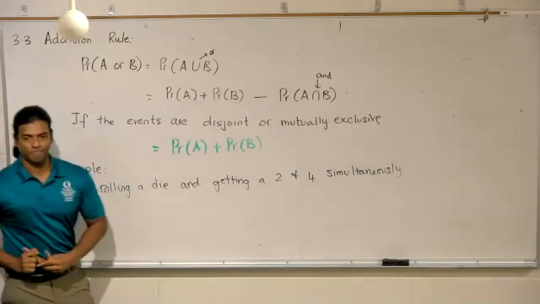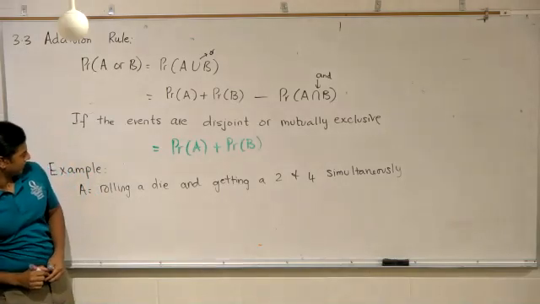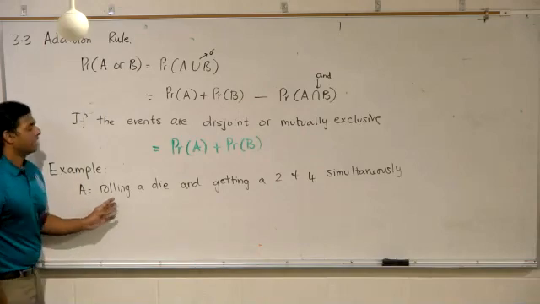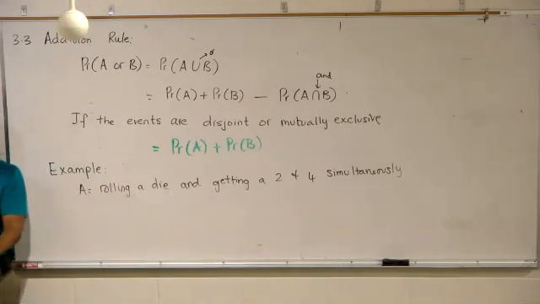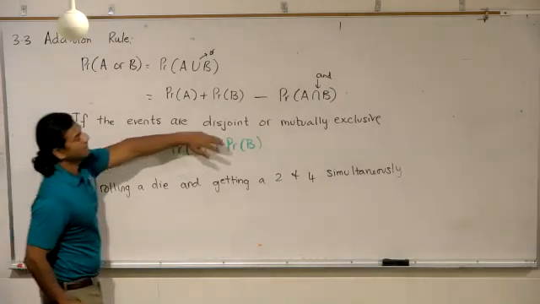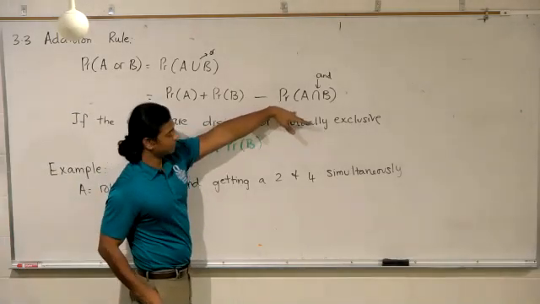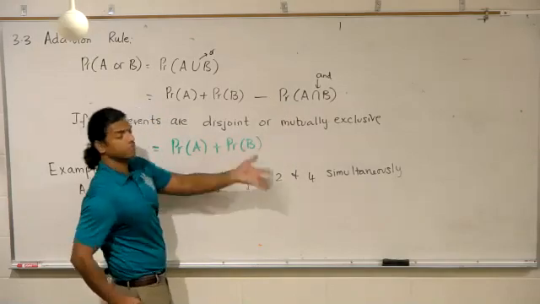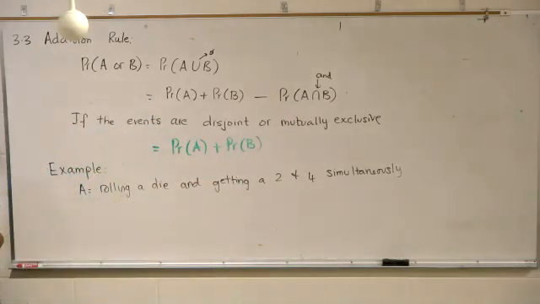So if you roll a die, you can either get a 2 or a 4, but you can't get 2 and 4 simultaneously. So that probability is going to be 0. They can't happen together, which would make them mutually exclusive. The occurrence of one will prevent the occurrence of the other. If you get a 2, you can't get a 4. If you get a 4, you can't get a 2.